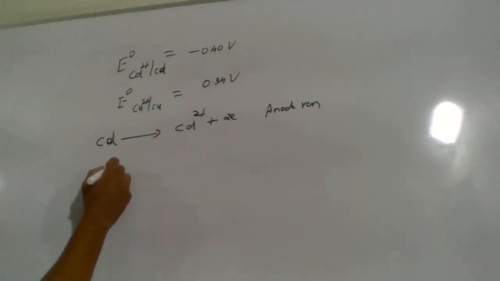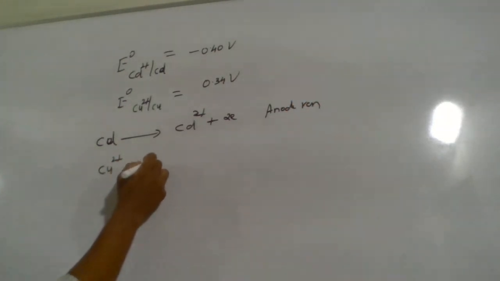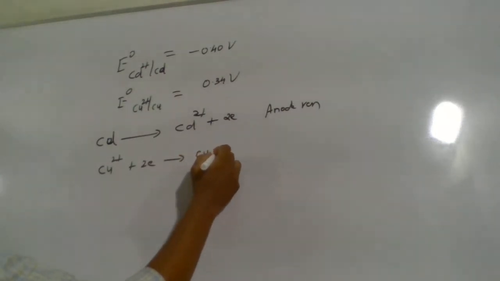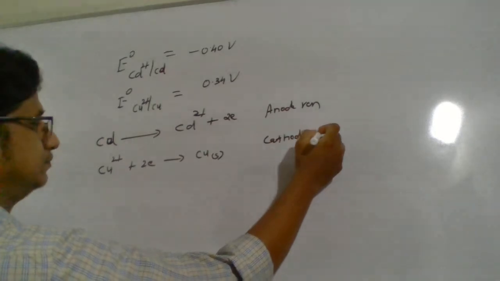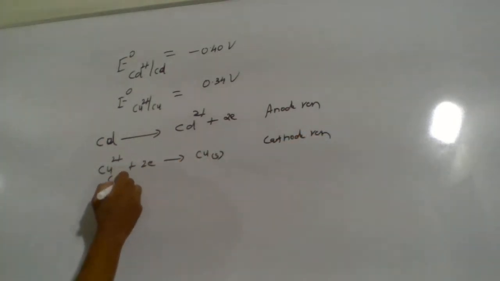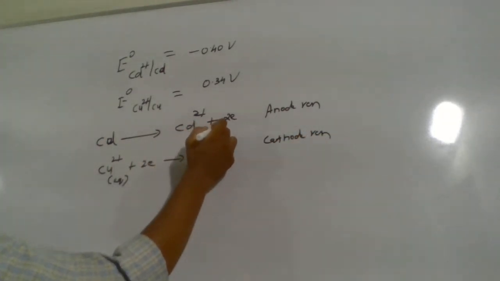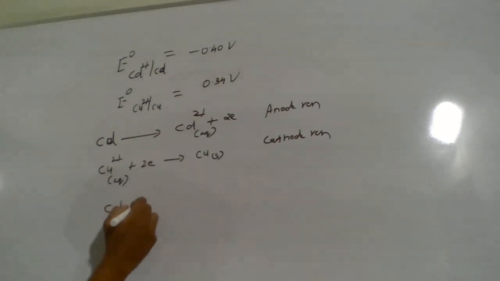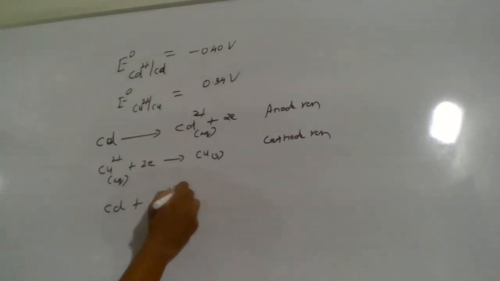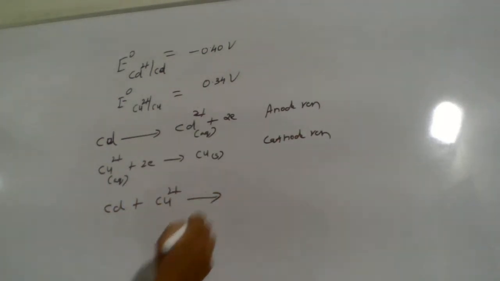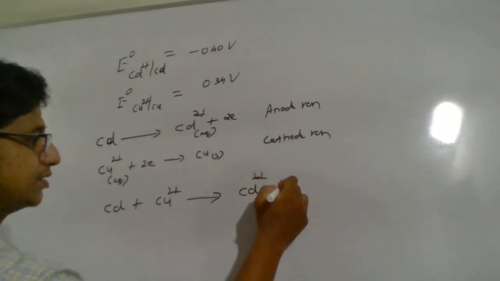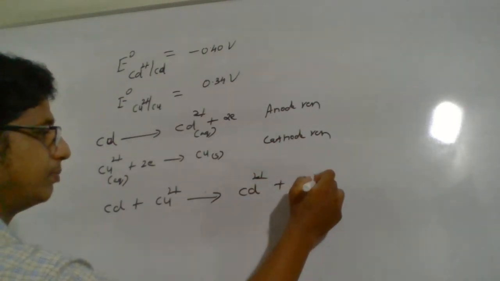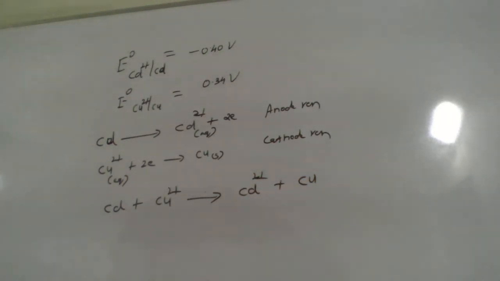And Cu2+ plus 2 electrons gives Cu. This is our cathode reaction. So the overall reaction will be Cd plus Cu2+ gives Cd2+ plus Cu.